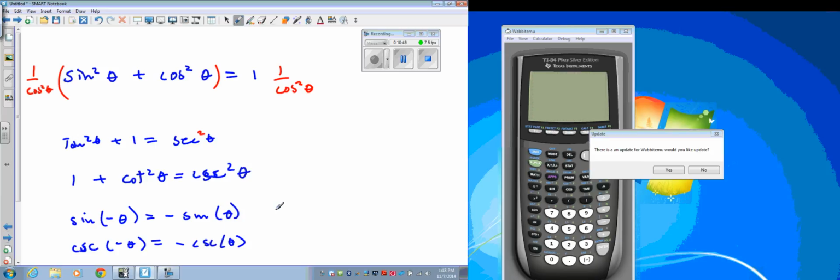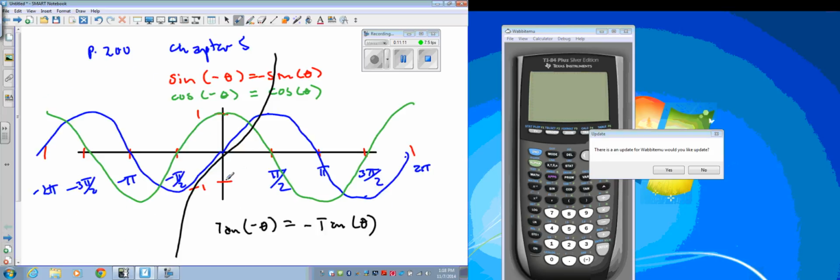And then the cosine of a negative angle is equal to, no, plus, is equal to the cosine of the angle. And that was just because as you go this way and this way, the vertical distance is the same direction, right? Positive, when it's positive here, it's positive there. When it's negative here, it's negative over here, when you get the distance away.